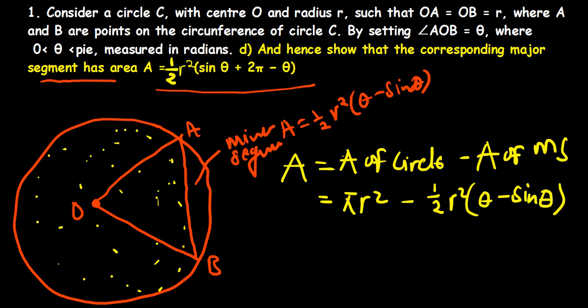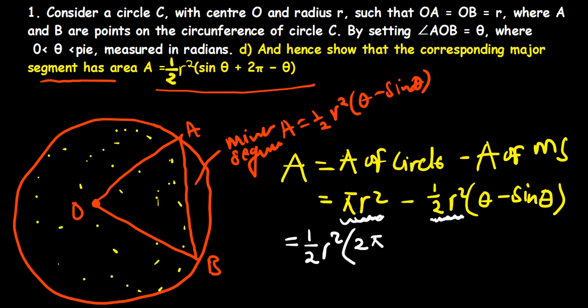Alright, and then from there we just have to do some factorization. We see that the r squared is common here, and there the r squared is common. So we are going to factorize half r squared. If I factorize the half r squared from this term here, what am I going to remain with? I'm going to remain with 2 pi.